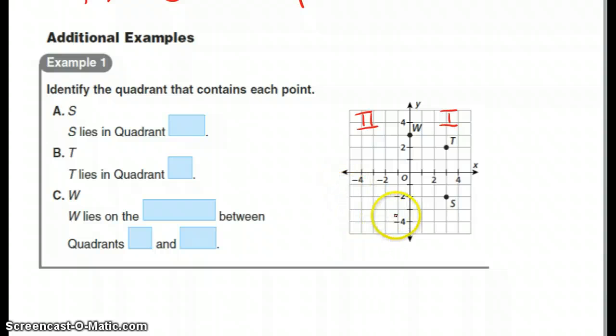We circle around to make a C. Quadrant 1, quadrant 2, quadrant 3, and quadrant 4. Again, we label using Roman numerals. So I am on the prowl to find S. So I come down here. There is S. I am in quadrant 4.